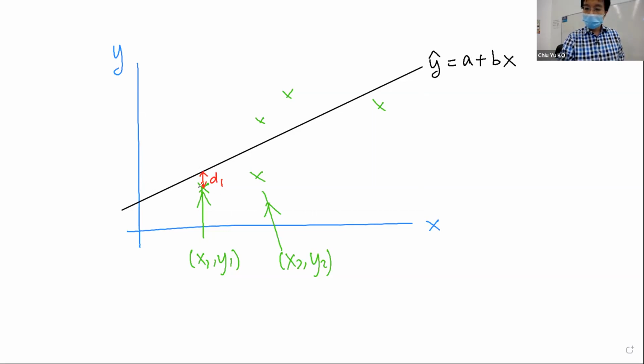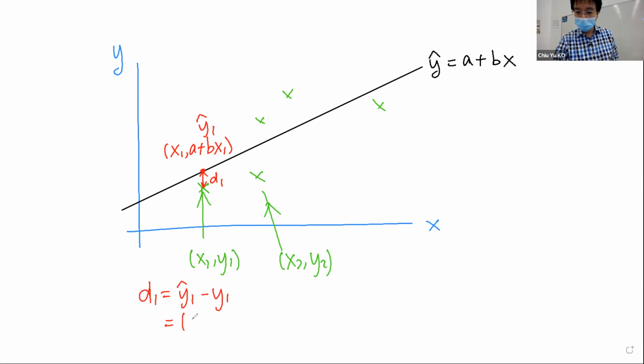Why? Because this point will be A plus B X1, according to this. So D1 is just, we call this Y1 hat, Y1 hat minus Y1, or how do we define?